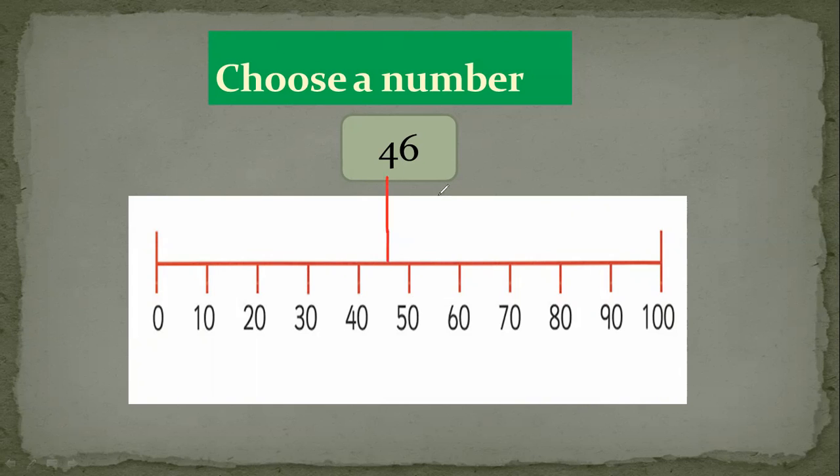So when we are rounding 46, what will be our answer? First of all, we see the midpoint between 40 and 50. The midpoint between 40 and 50 is 45. 46 is more than 45. So we are going to take the next 10. So rounding it to the nearest 10, it will be 50.